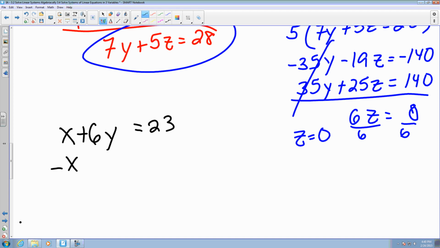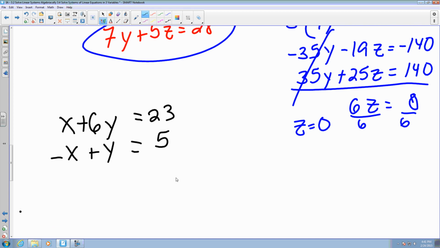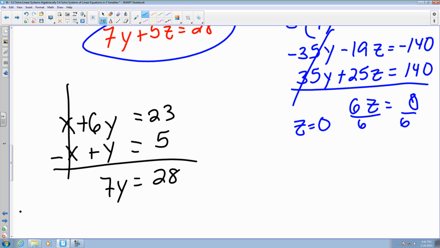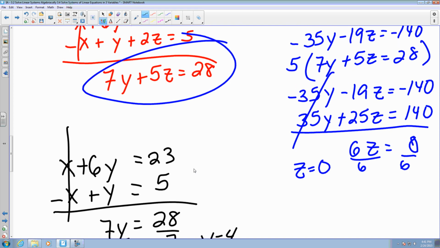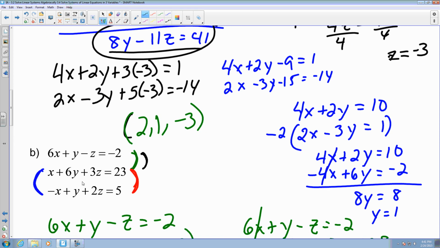And then this is going to be -x plus y, set equal to 5. And so I didn't have to write anything more with the z's. So opposite coefficients, this cancels through the elimination method. And now I got 7y equals 28. Okay, so now I divide both sides by 7. 28 divided by 7 gives me 4. So y equals 4.